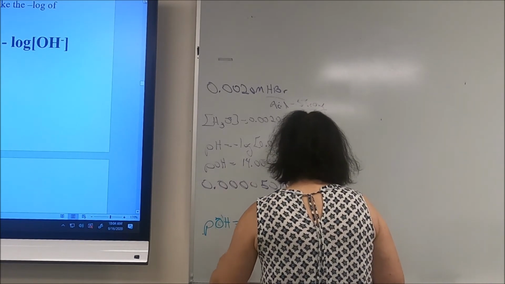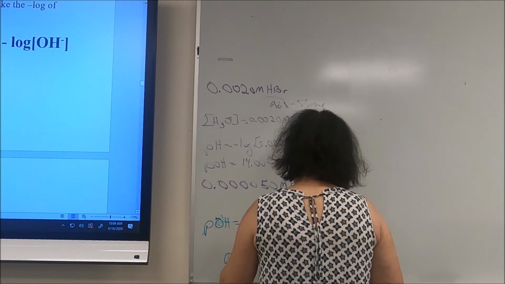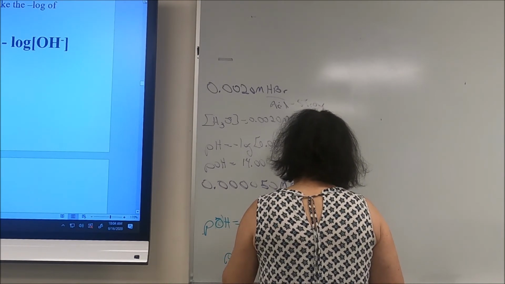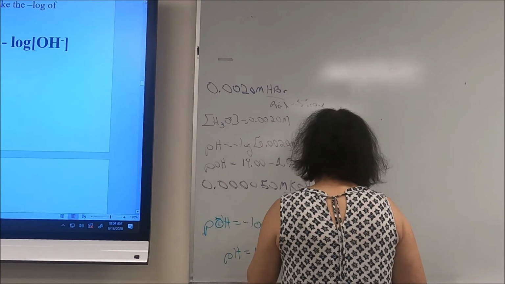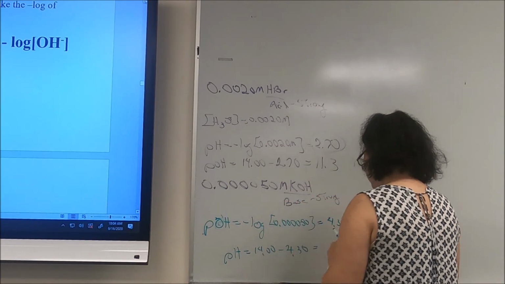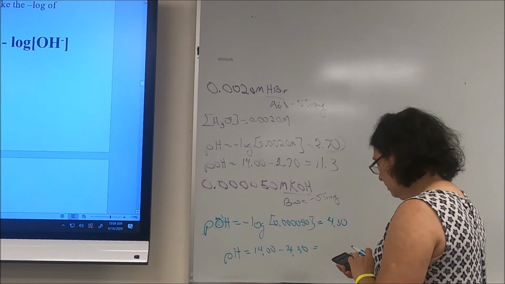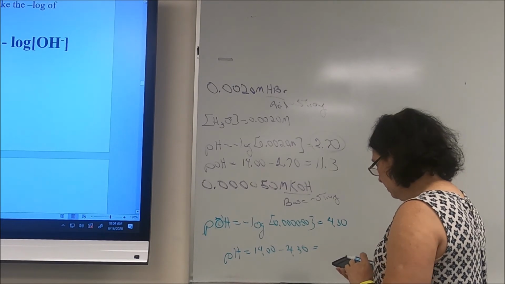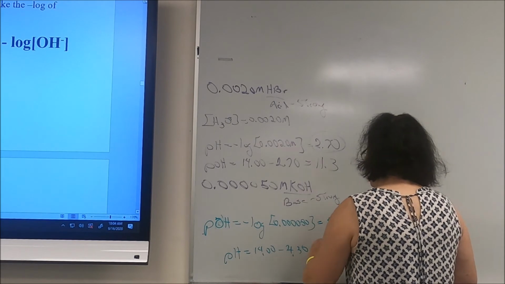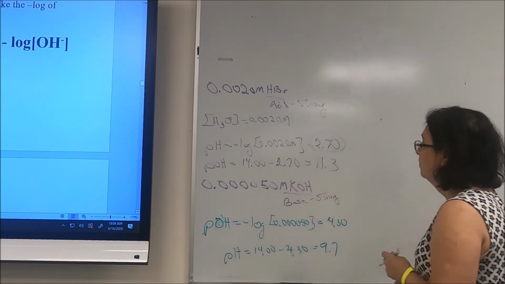The pH of this solution is then 14.00 minus 4.30, and I get 9.7.